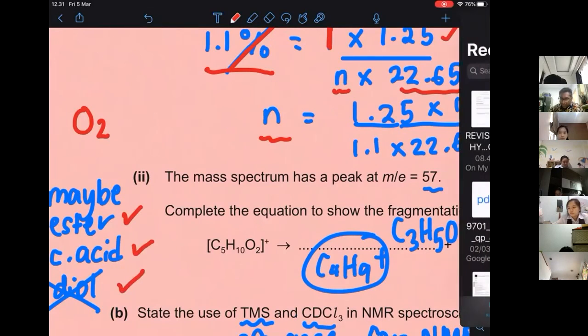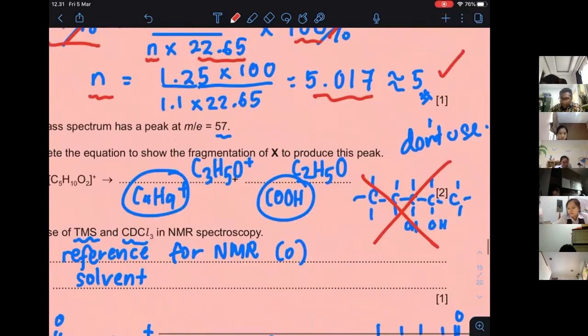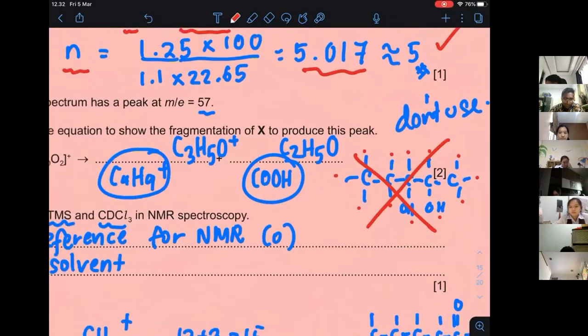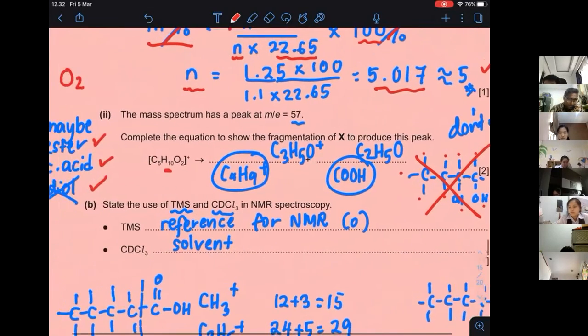But when I calculate the number of hydrogens in a diol with 5 carbons, how many hydrogens can I have? 1, 2, 3, 4, 5, 6, 7, 8, 9, 10, 11, 12. I don't want 12 because I want only 10, so I ignore diol.